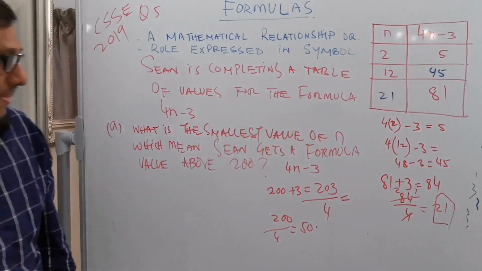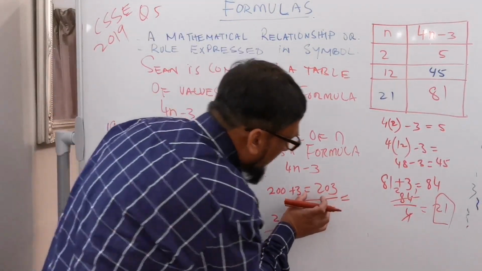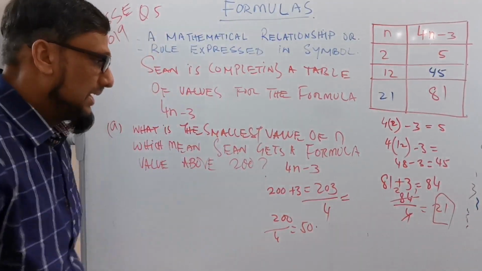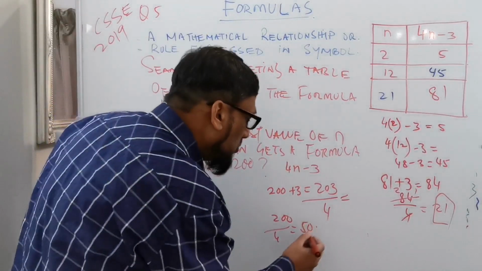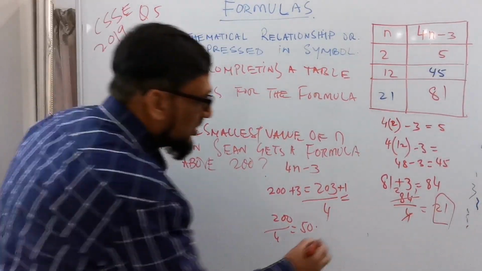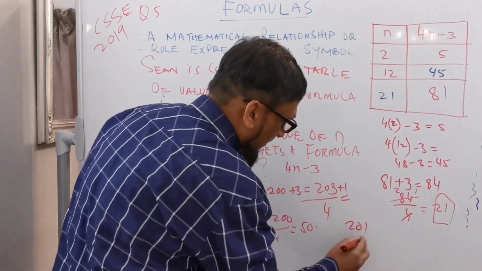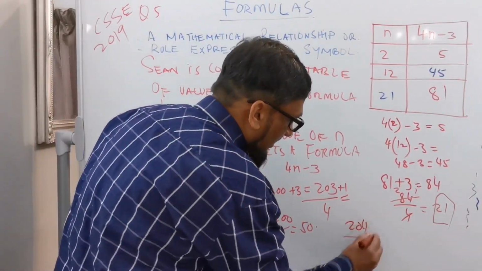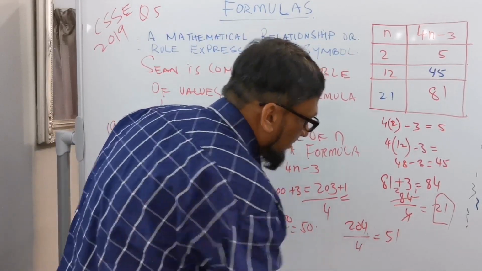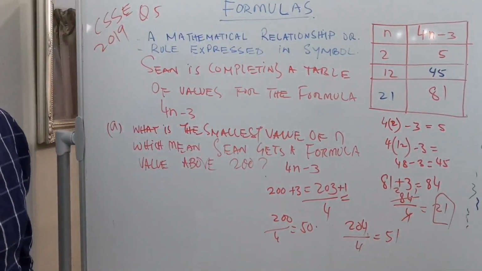So instead of 203, we can put 204. If I add 1 more, 204 divided by 4, your answer is 51.